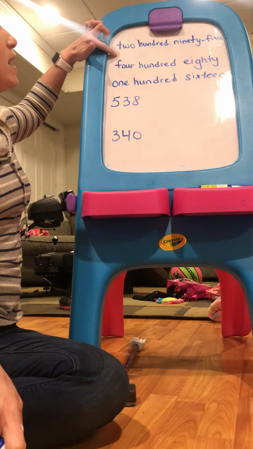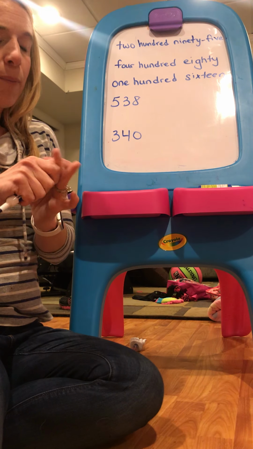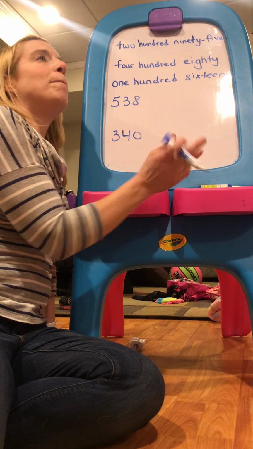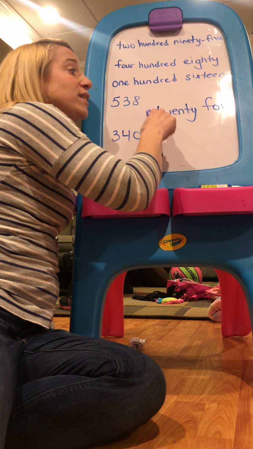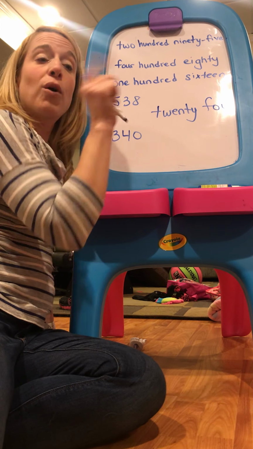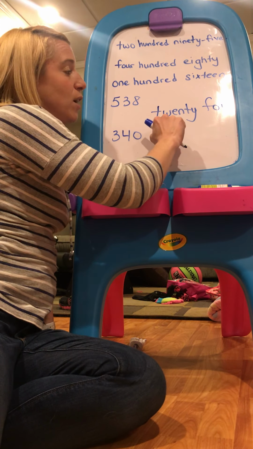Before we actually solve the ones that are up here, I want to just remind you, we did this a while back, that if we're writing a number like the number 24, I write 20, I write 4. If you didn't know how to spell 20 or 4, again, you can go to that document and look at it. All right, so 24.